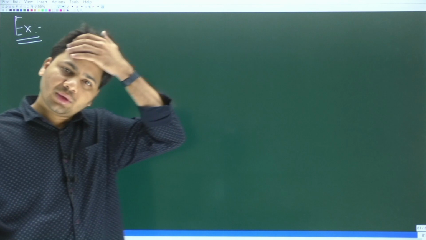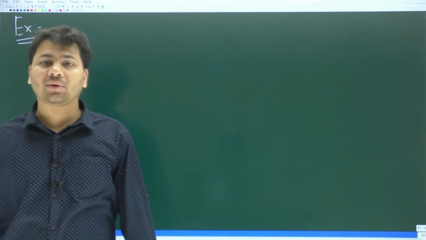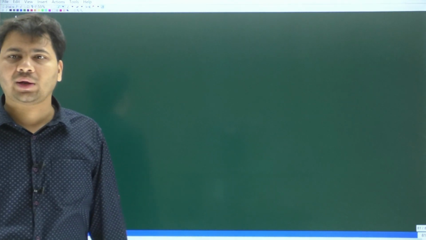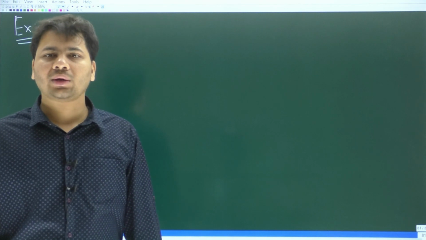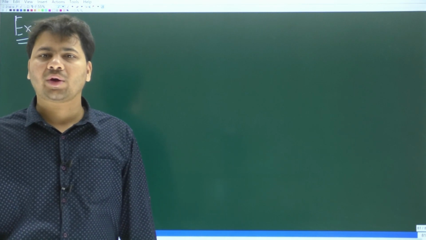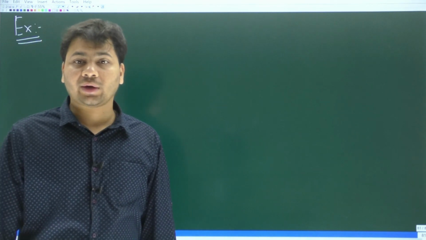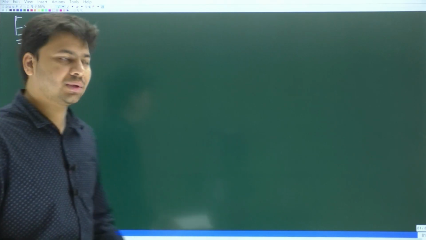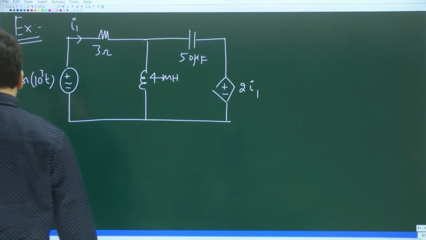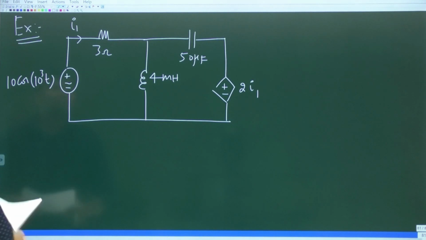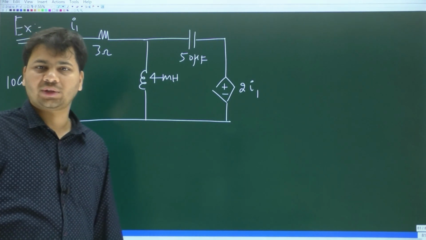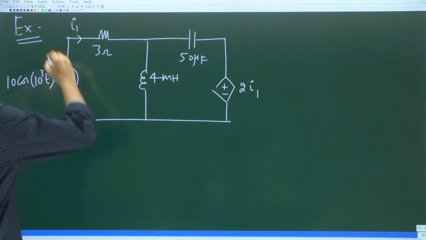Okay, let's take up one more example. In the last example we had seen the application of nodal analysis. Now we will look at a case where we are going to apply the other technique, which is mesh analysis. So this is the given circuit. Clearly in this circuit there are two meshes.